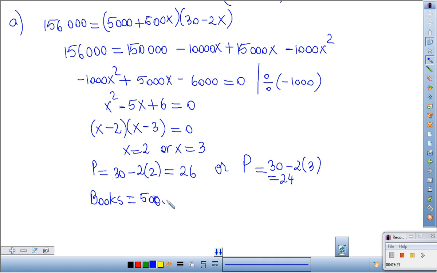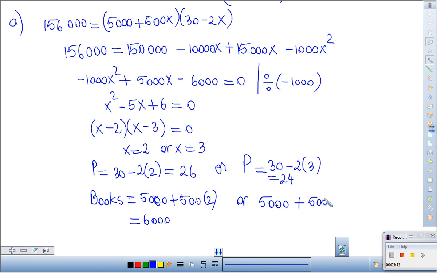So 5,000 plus 500 times 2, or 6,000 books, or 5,000 plus 500 times 3, or 6,500 books. So the company must sell 6,000 or 6,500 books to achieve revenues of $156,000.